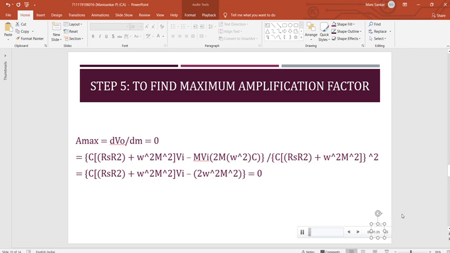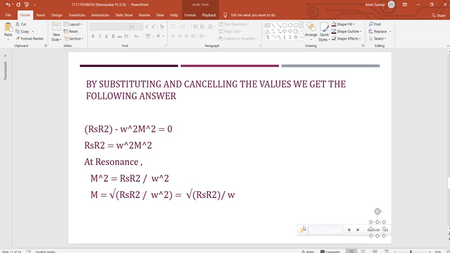Then finally, the last step, step 5, is to find the maximum amplification factor, which is A max. We can find this A max by differentiating V0 with respect to M and equating it to 0. By solving this, we obtain Rs R2 equal to omega square M square.